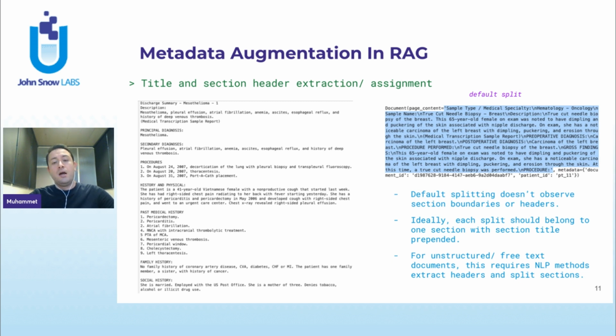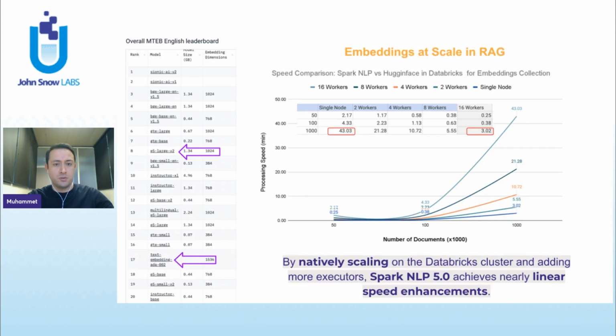But how can you know the section headers in clinical datasets? So you need to do some NLP here, right? This is where Spark NLP helps you in metadata augmentation. The embedding stage is the most expensive stage of these 5 RAG architecture stages.